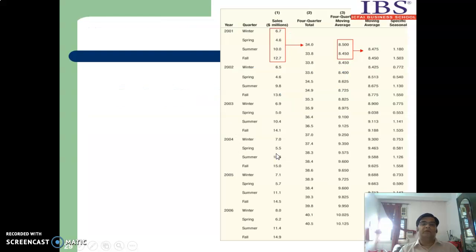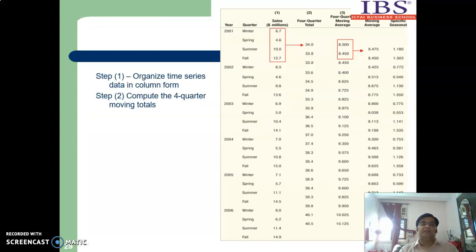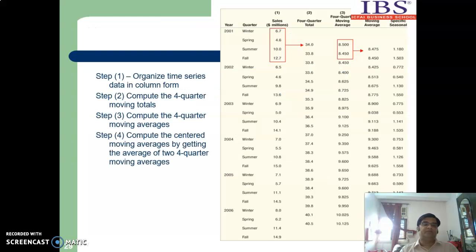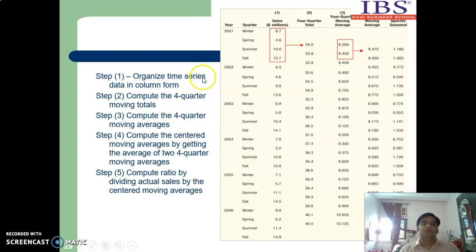We will take this data to another slide and understand stepwise what methods we are following. First step, we organize the time series data in column form.